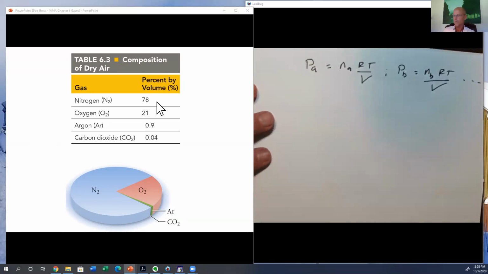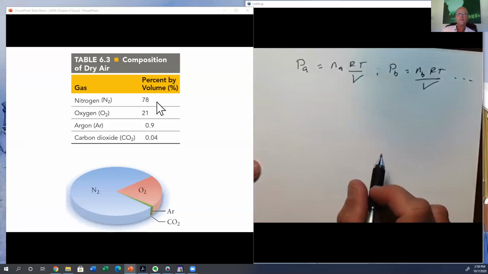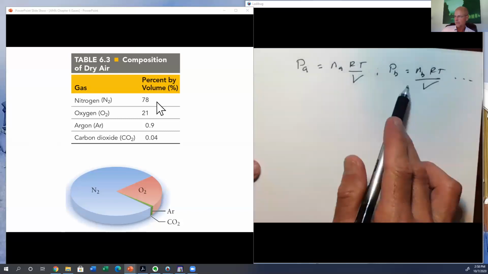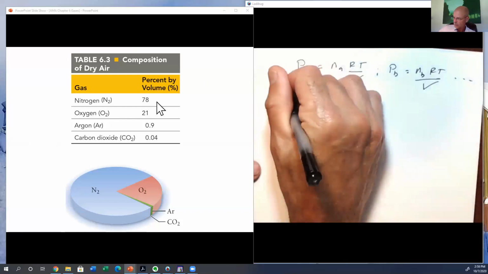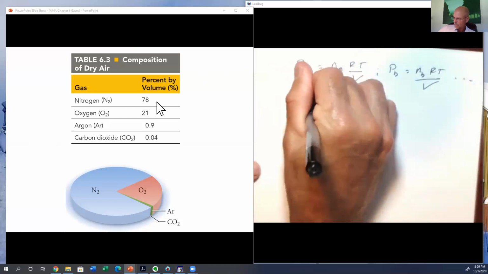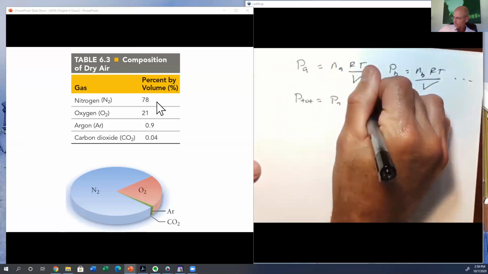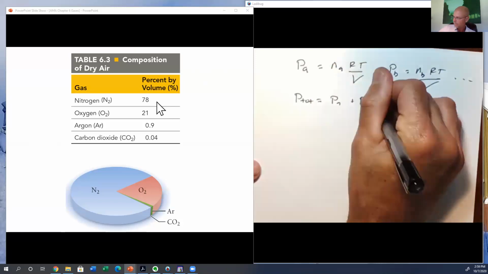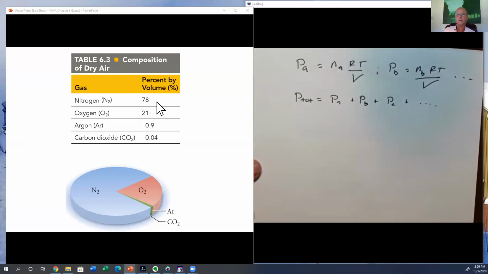So you can figure out the partial pressure of all the different components if you know the moles of that component. And similarly, the total pressure is equal to the sum of all the partial pressures. So if we sum up all the partial pressures, you get the total pressure, okay?